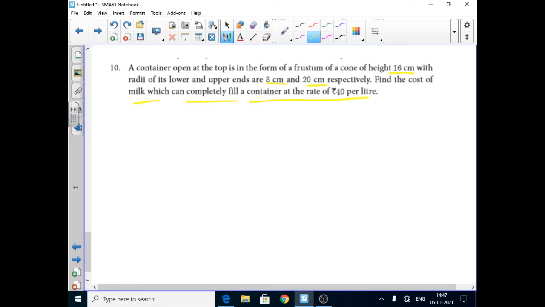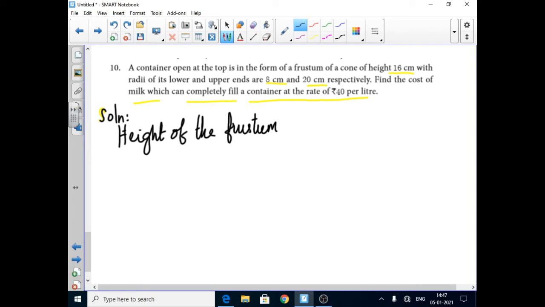So the problem: height of the frustum is 16 centimeter. Next, radius of the upper part.